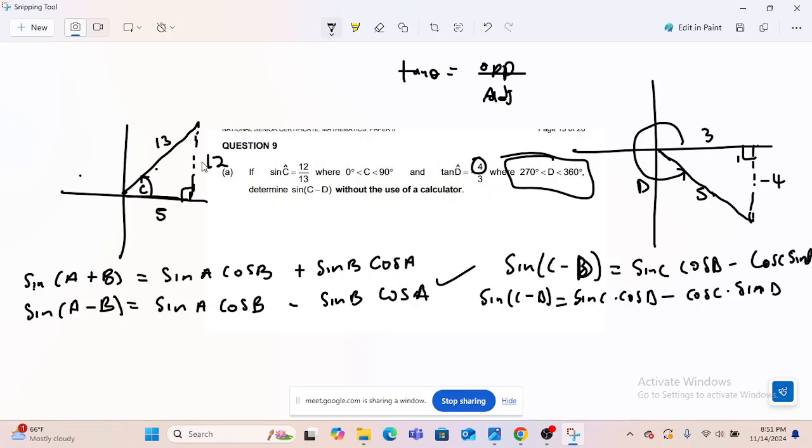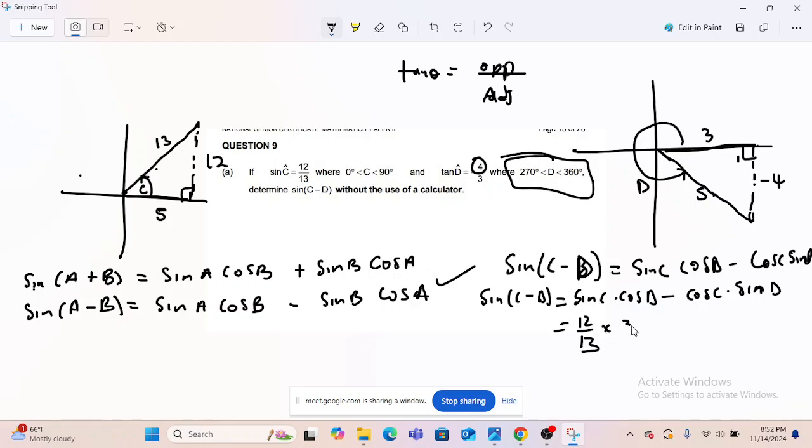Sine C, we can just come to this diagram. Sine C is opposite over hypotenuse, so we can replace this with 12 over 13. Then cos D, because cos is adjacent over hypotenuse, is the adjacent side over the hypotenuse, so it is in fact 3 over 5.